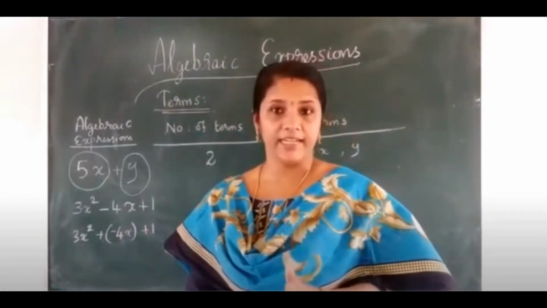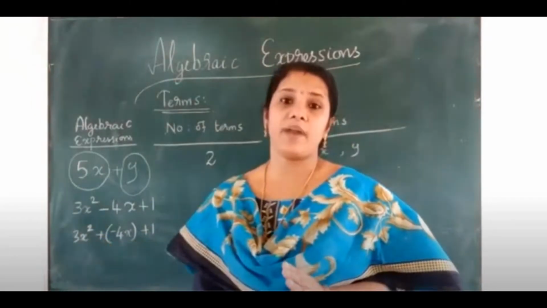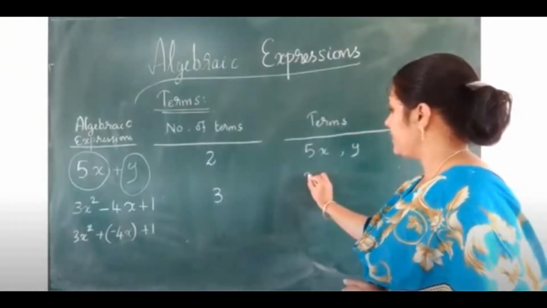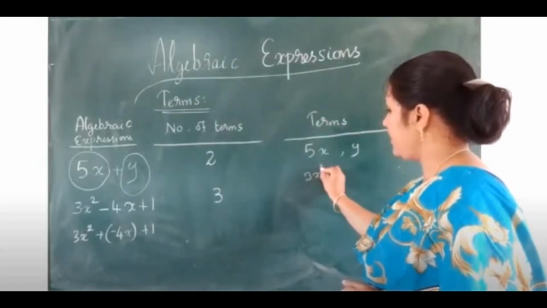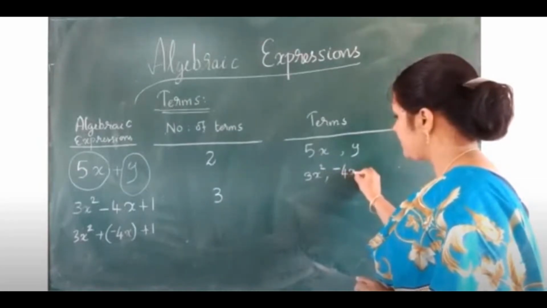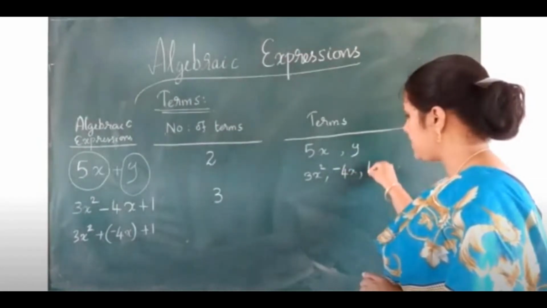So, the three terms of this algebraic expression are 3x square, minus 4x, and 1.